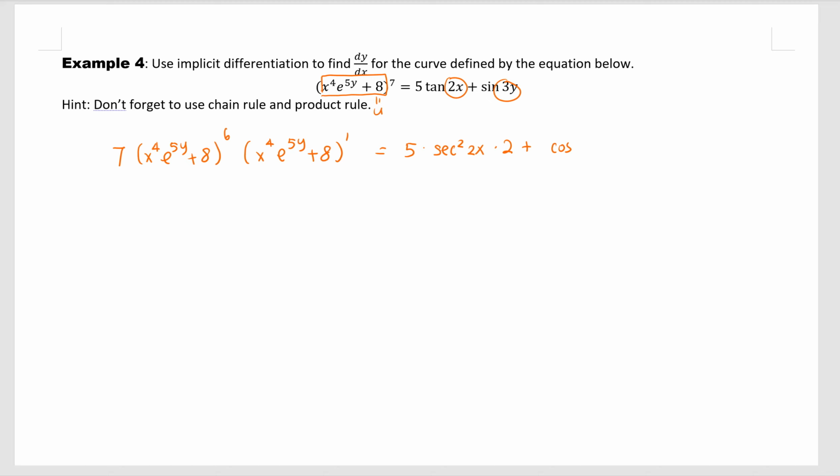See, we're actually doing 3 different u chain rules in this step. That's why I ask you not to write down the u here, because if you put a lot of u's, I'm worried you get confused. So the derivative of sine u is cosine u, and what is our u? The 3y, times u prime. u prime is 3y prime, which is 3 times y prime, because you're differentiating the y.